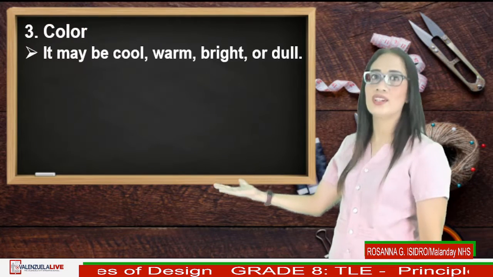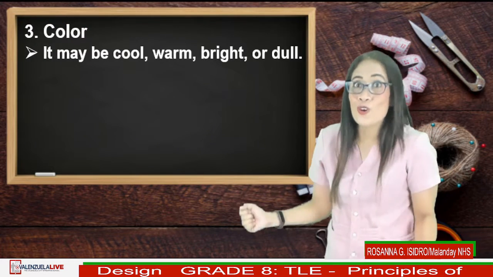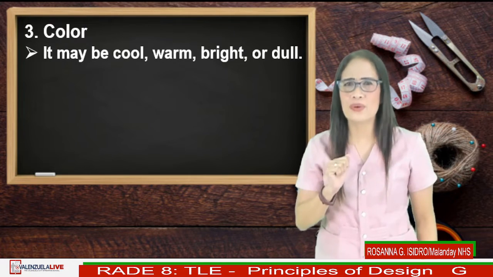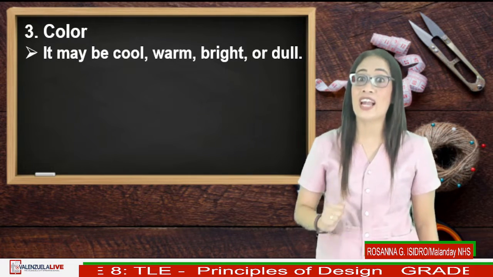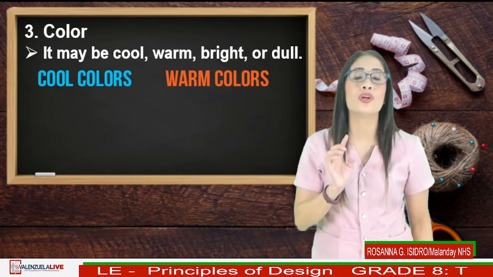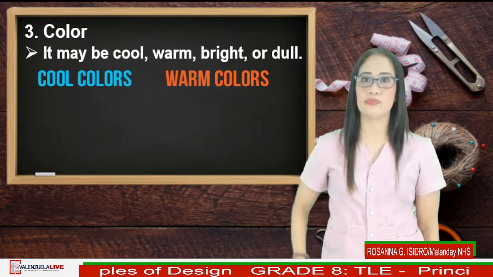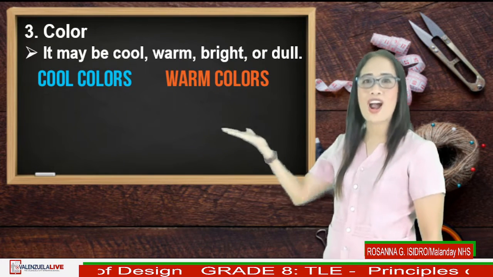Third, color. It may be cool, warm, bright, or dull. Choosing the right color will greatly affect the appearance of your finished project. This is divided into two, cool colors and warm colors.